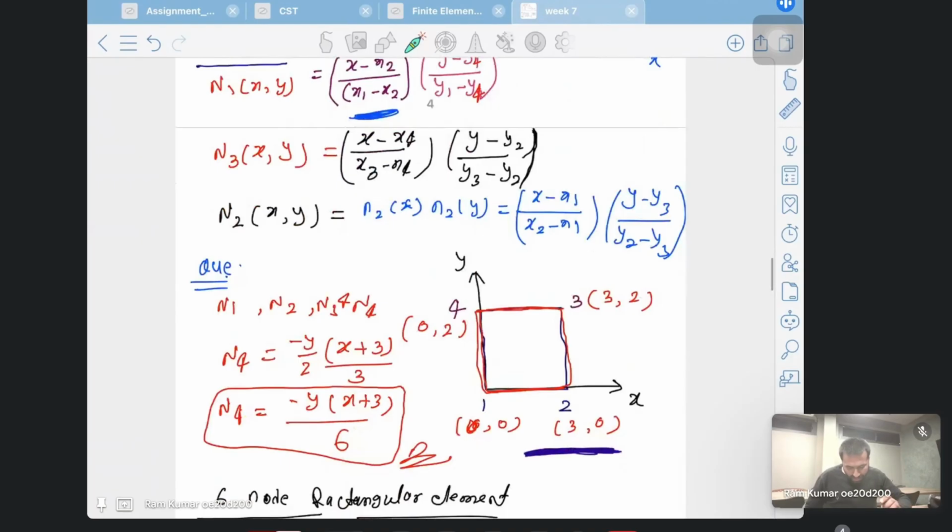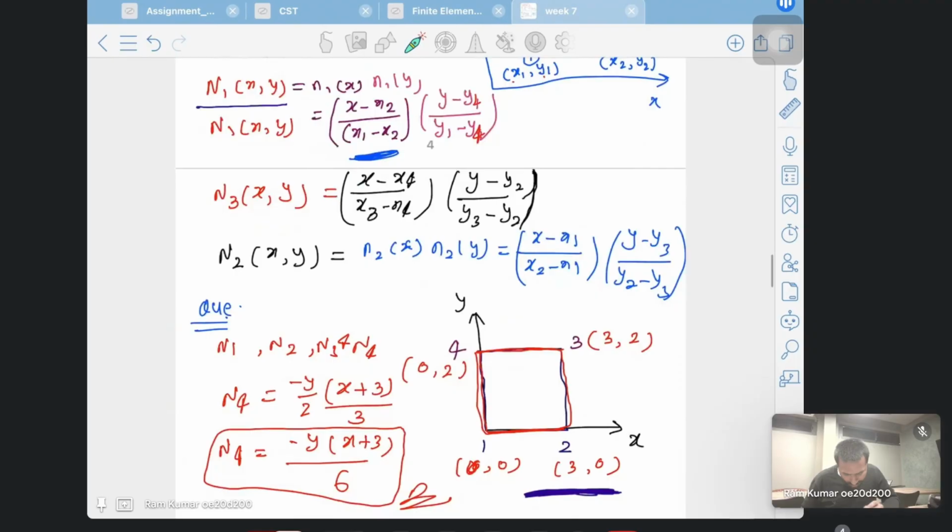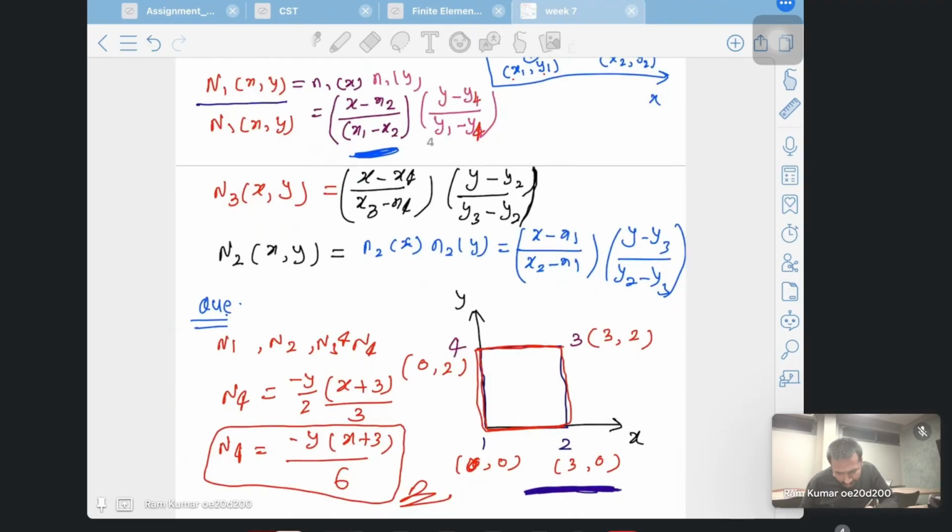One question, a small problem: we have one 4-node element. Node 1 is the origin (0, 0), node 2 is (3, 0), node 3 is (3, 2), and node 4 is (0, 2). We have to find n1, n2, n4. So what will be n4? Here this is our n4, with x and y parts.